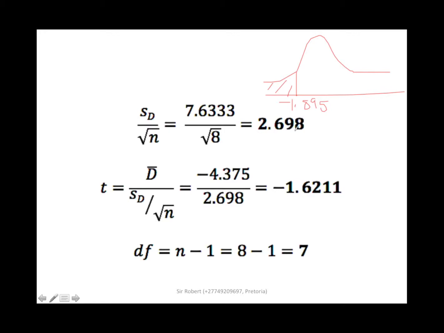So minus 1.6 is not less than that, it's somewhere here, which means we accept H0.